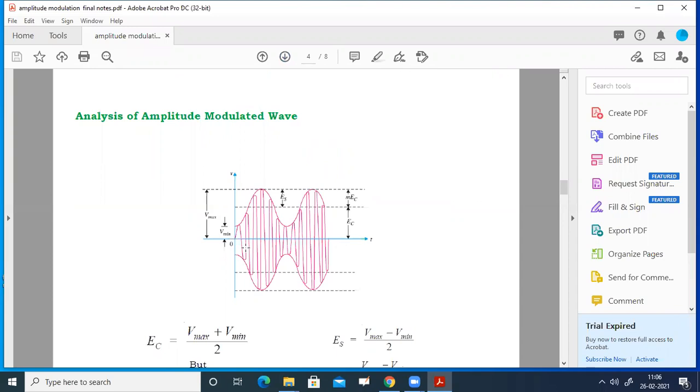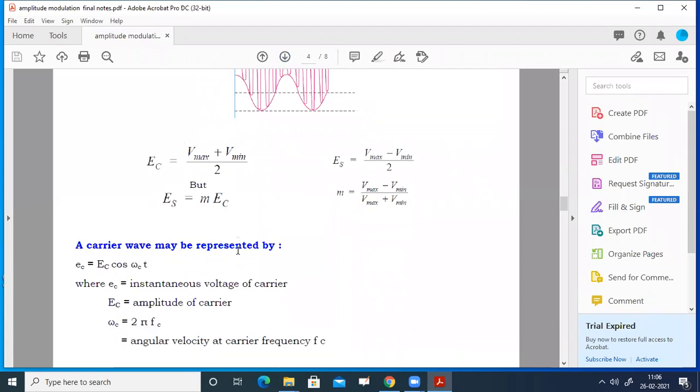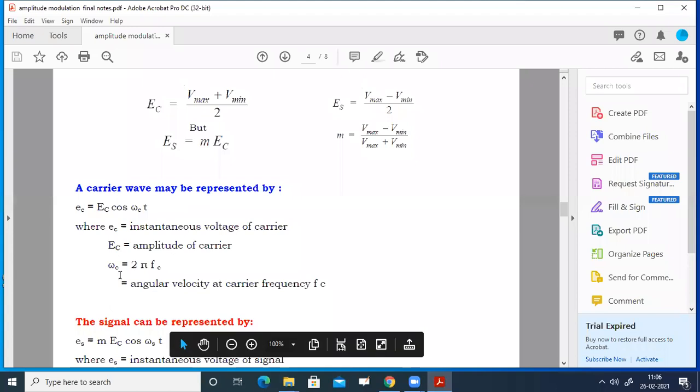Next is analysis of amplitude modulation. This is the graphical behavior of the AM wave with symbolic representation. The carrier wave is generally represented by ec equal to Ec cos(omega c t), where small ec means the instantaneous voltage of the carrier, capital Ec is the amplitude of the carrier, and omega c is the angular carrier frequency, 2 pi fc.